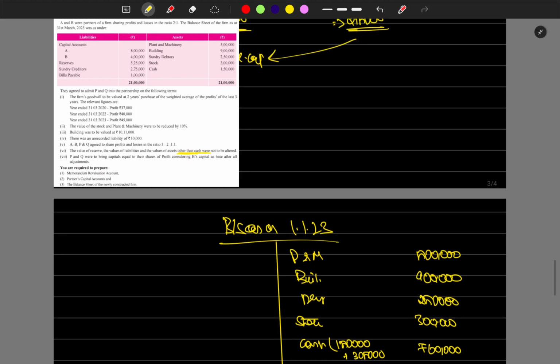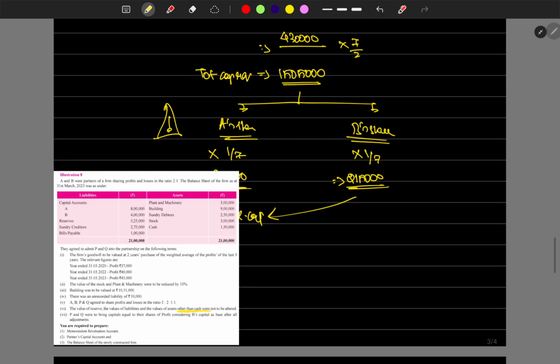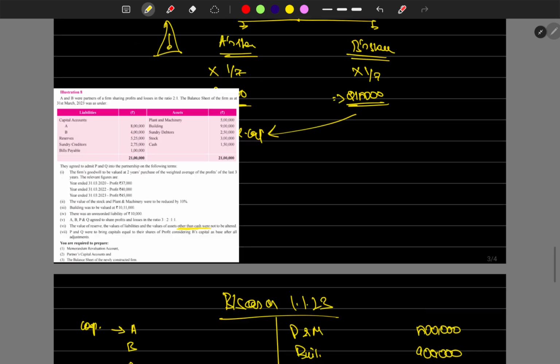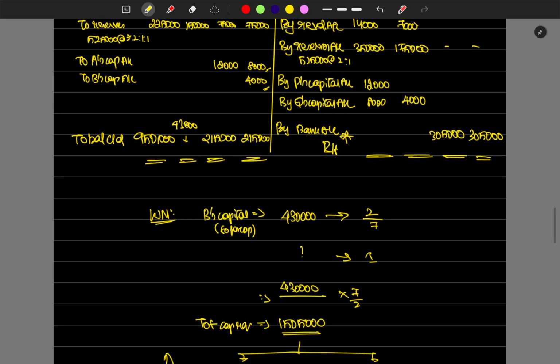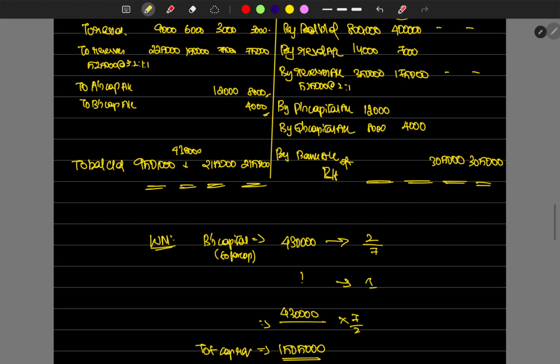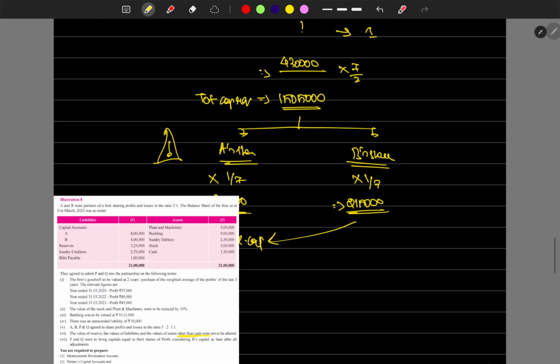Then what else? Capital of A is 9,50,000, and B is 4,30,000, right? Let's verify: 4 lakh plus 7,000 plus 1,75,000 plus 4,000 minus 6,000 minus 1,50,000 is 4,30,000, guys.